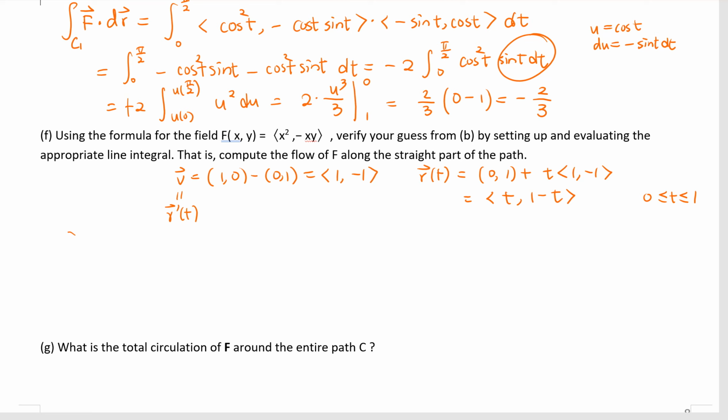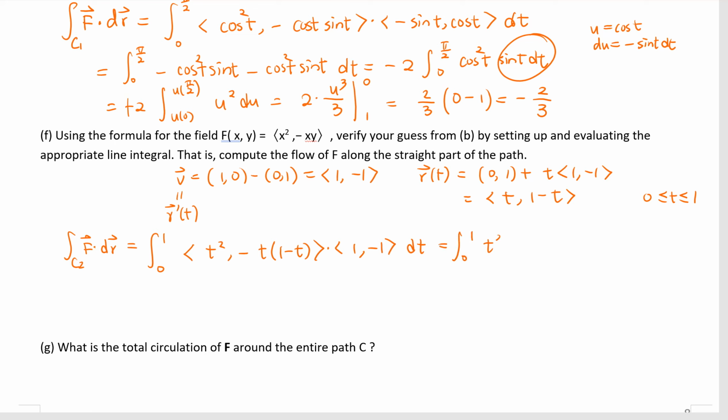Then we're ready because the line integral of F dot d gamma is, t from 0 to 1, x squared, well, x is t, so t squared, minus x is t, y is 1 minus t, dot dr, so gamma prime is 1, negative 1, dt.